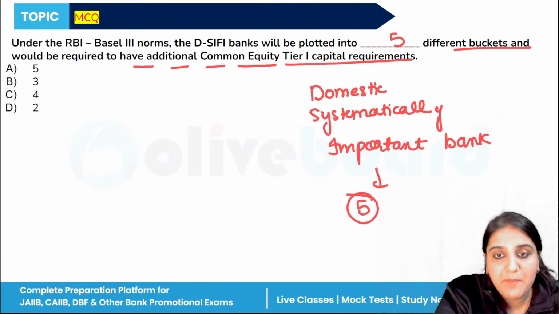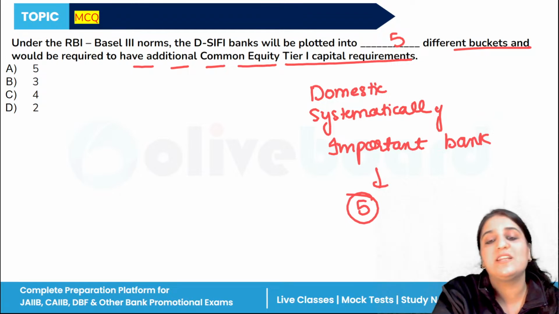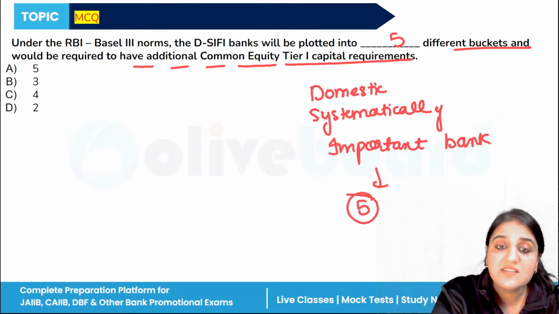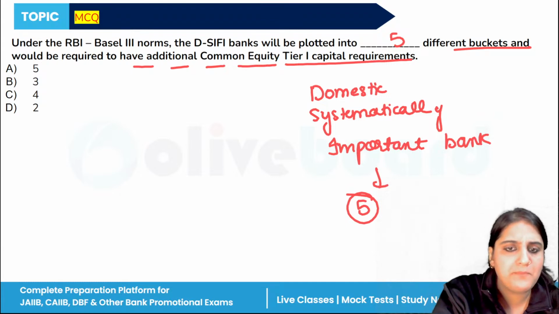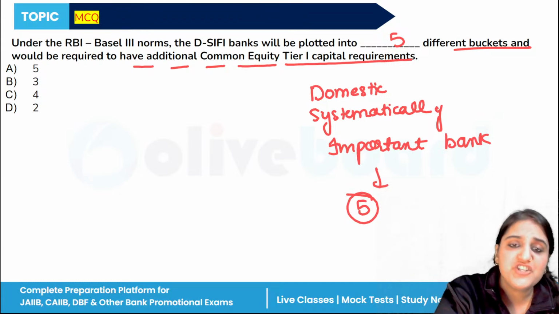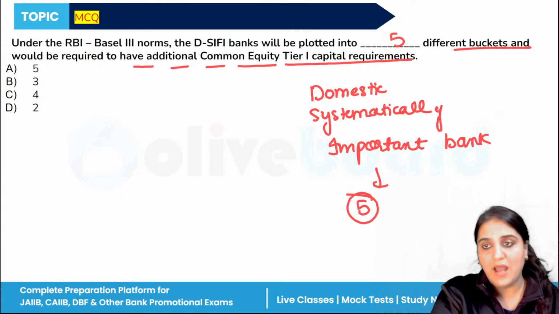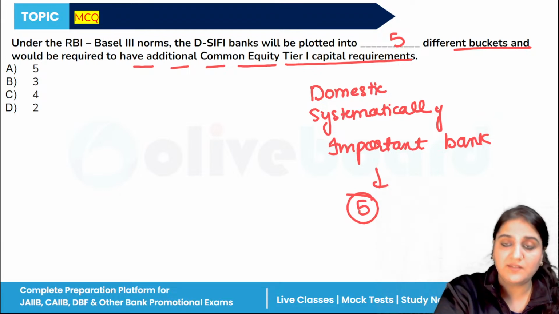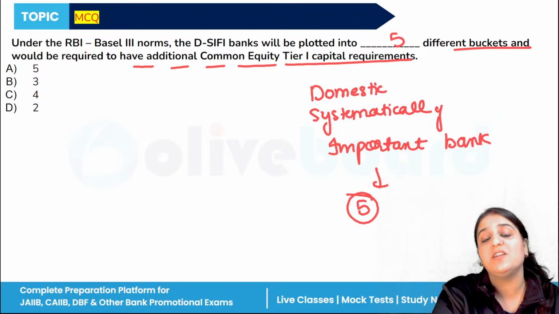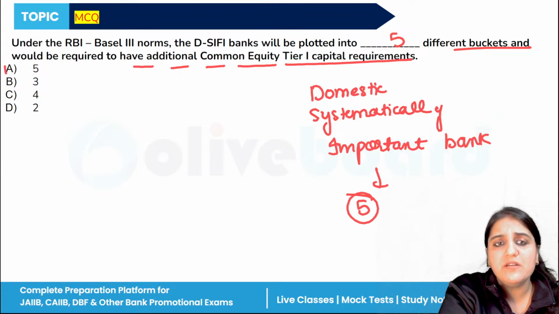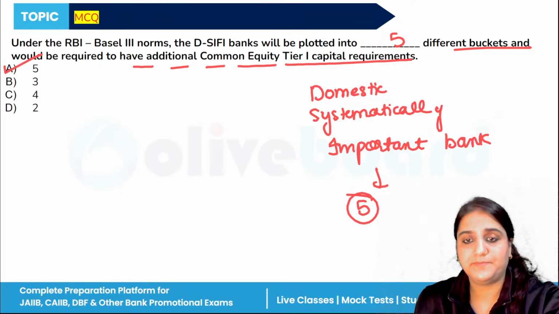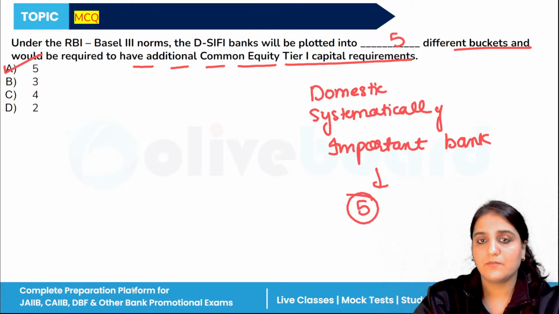The higher the bucket, the greater the additional capital requirement, and this system is designed to ensure that larger, more complex banks hold a sufficient amount of capital to absorb the potential losses and maintain the financial stability. So we can say here option A is correct.